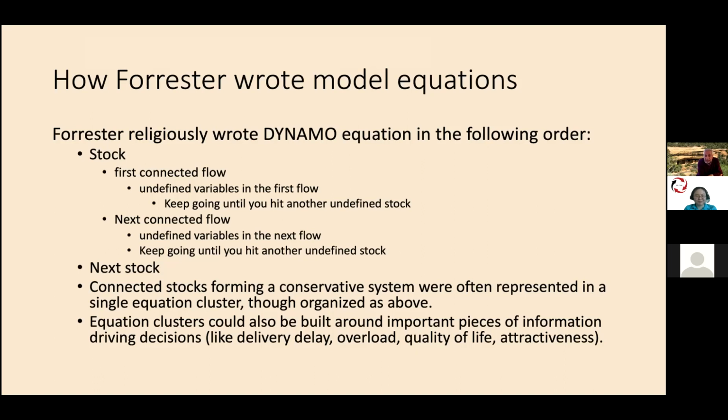So it doesn't have to be a stock and flow system. It could be other complex computation too, which helps draw out the feedback process, gives it a logical meaning.